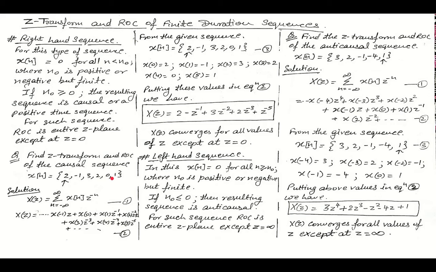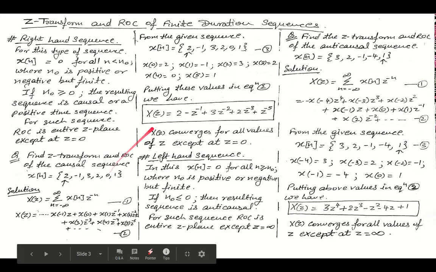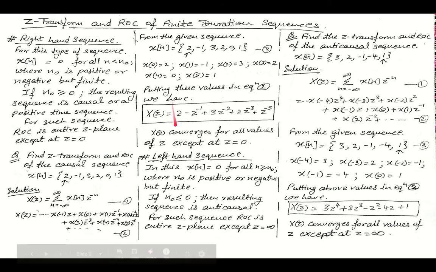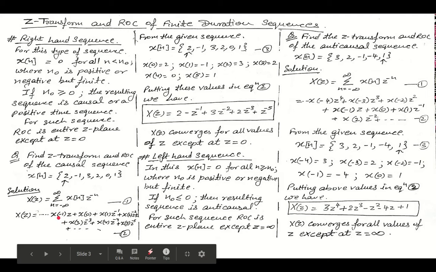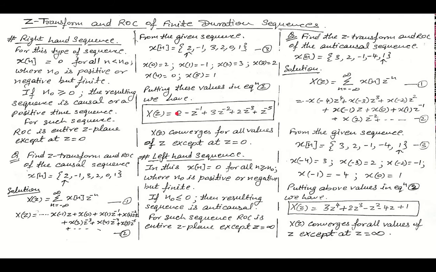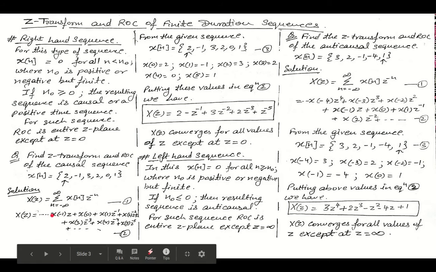Now if I put these values in the expanded form, as x[0] is given, I can put a 2 over here, and since none of the other values are given, they are considered to be 0. So x[-1] is 0, so it is not represented here. The x[-2] and all the other such values are not given, so they are also considered 0.